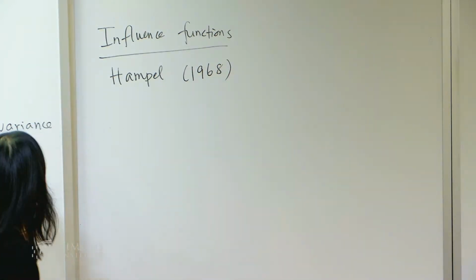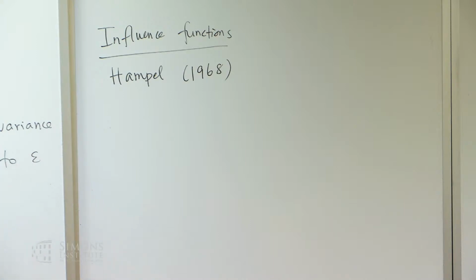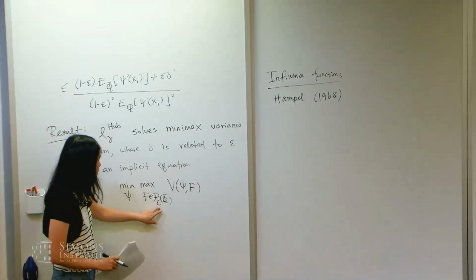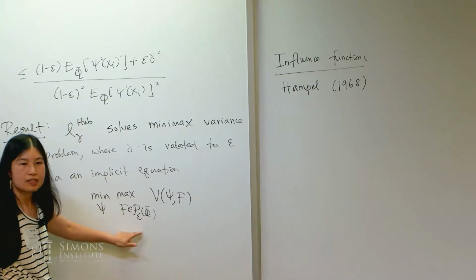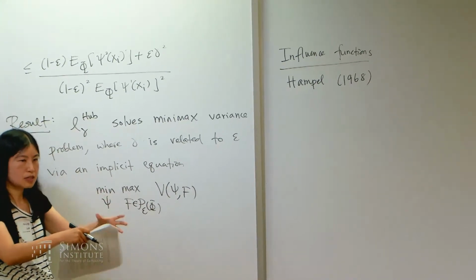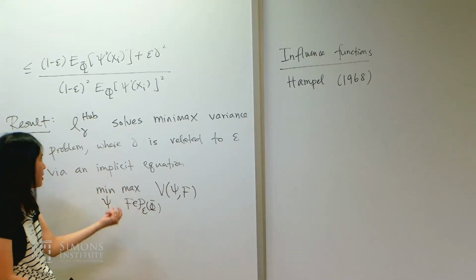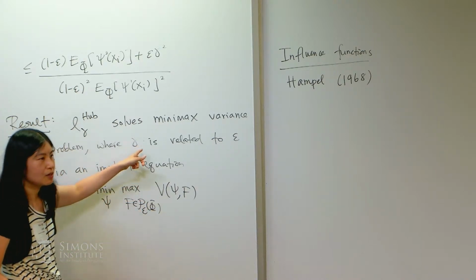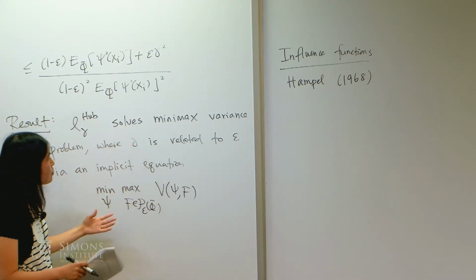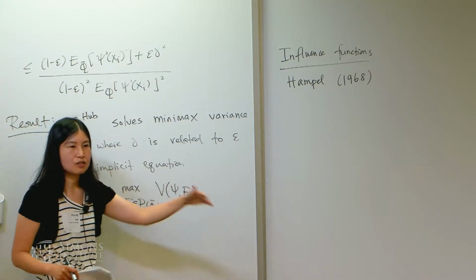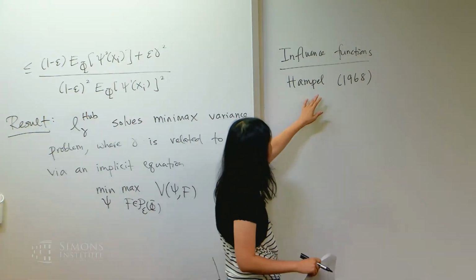The difference between them is that Huber is solving, maybe I should write this down again: a min over psi, a max over f in some ball around a nice distribution, of this minimax asymptotic variance. Here epsilon is something small, but it's fixed, so we have some fixed radius of the uncertainty ball. Depending on the value of epsilon, it tells me what the right gamma is. But you might also be interested in cases where epsilon is tending to 0. That was the interest of Hampel.